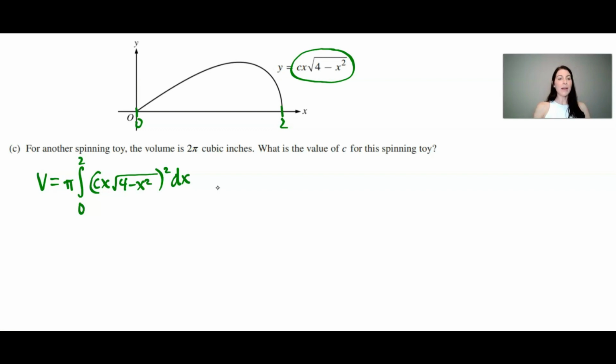Okay, so from here it's just a whole lot of algebra. So if I want to square what's inside, I'm going to square the c, square the x, square the radical. When I square the c, that's just a constant squared. So I'm going to bring the c squared out in front of the integral. Then I would have x squared times this radical squared, which would just be 4 minus x squared. Distribute in the x squared.